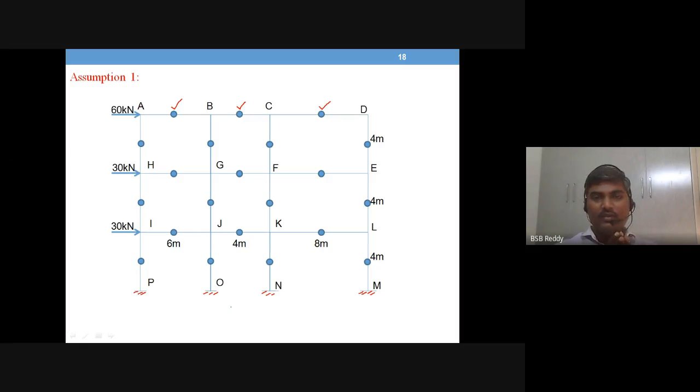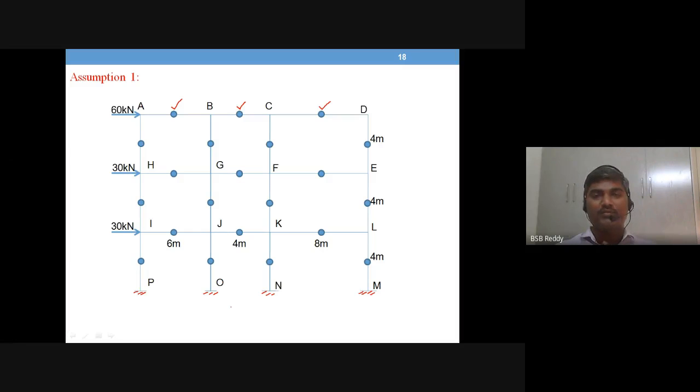Take the given frame and present it in the same way as I am doing now. You have a given problem, you redraw the same again, and don't skip drawing the frame a number of times. The more diagrams you draw, the better the clarity in presentation.